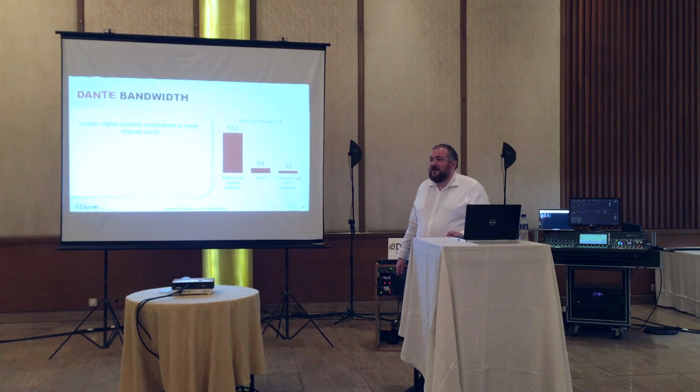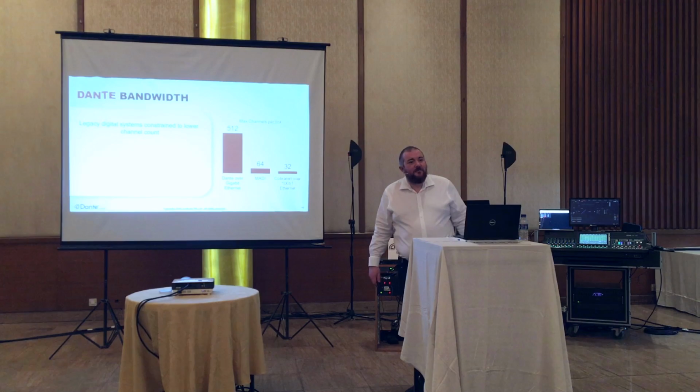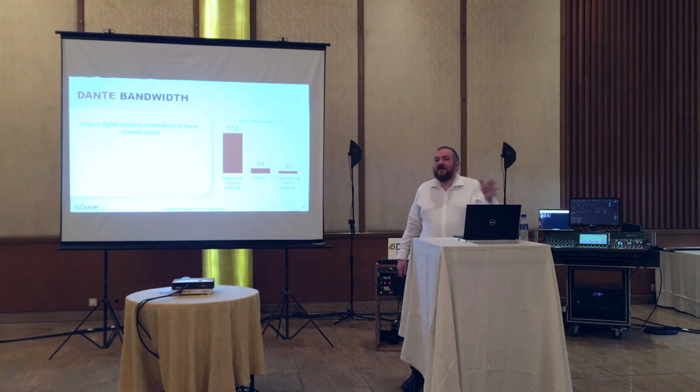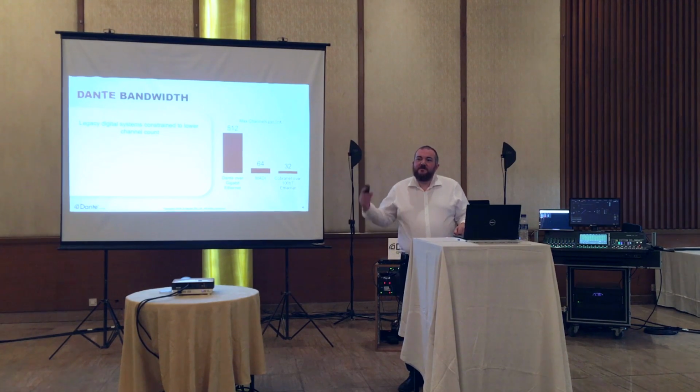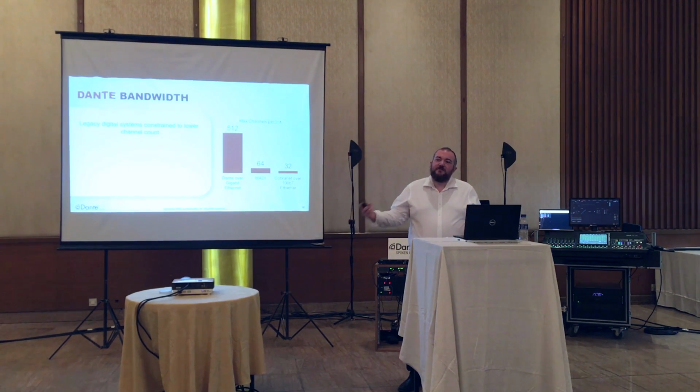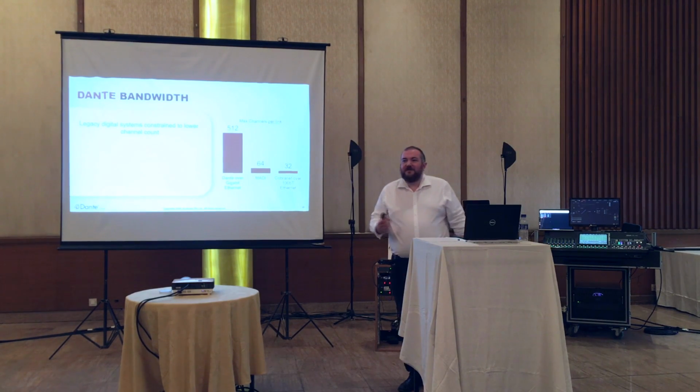So if you think about this, if I'm doing a link from my front of house console to the stage, I have a 1 gigabit link, I can send 512 audio channels from the stage to front of house. I might have another cable that's going to the monitor desk. I've got 512 channels available on that cable.